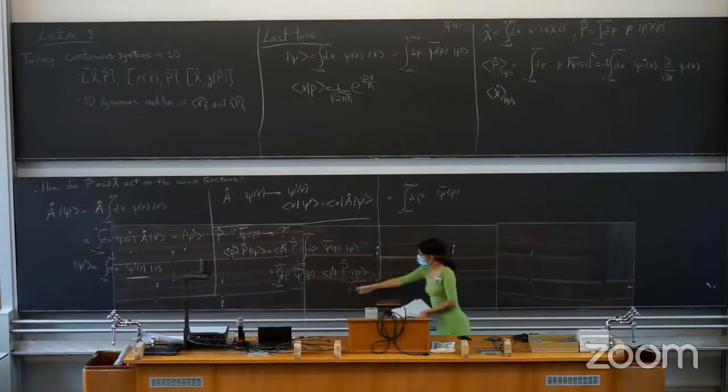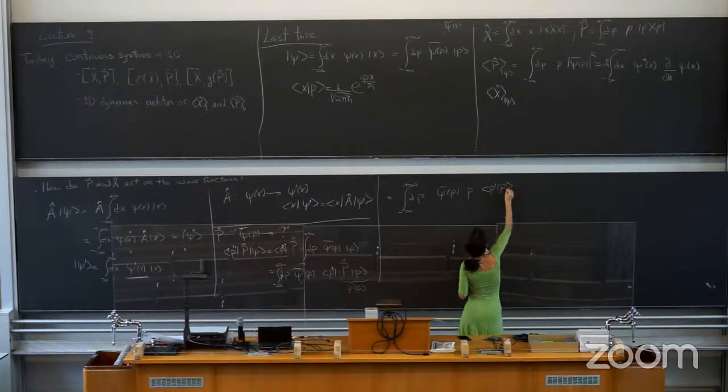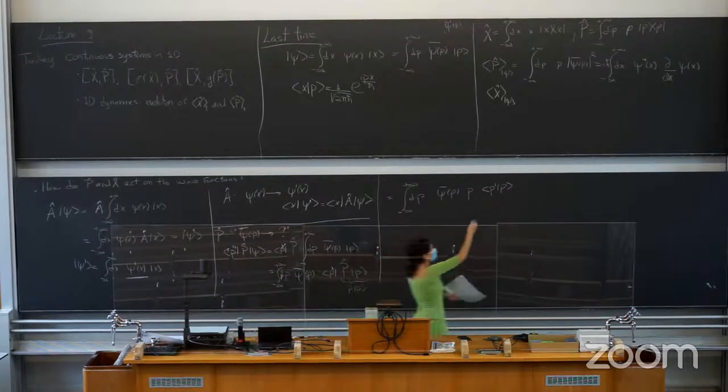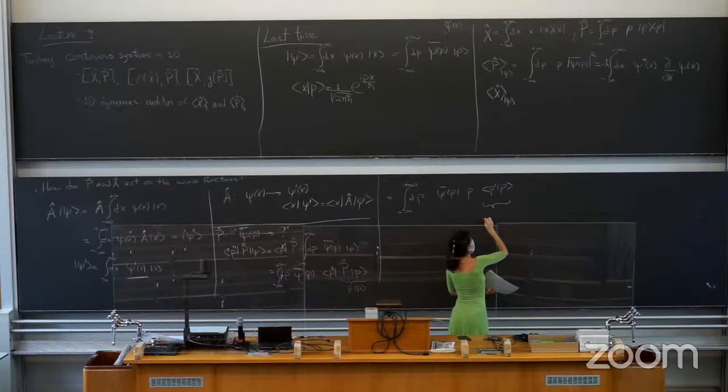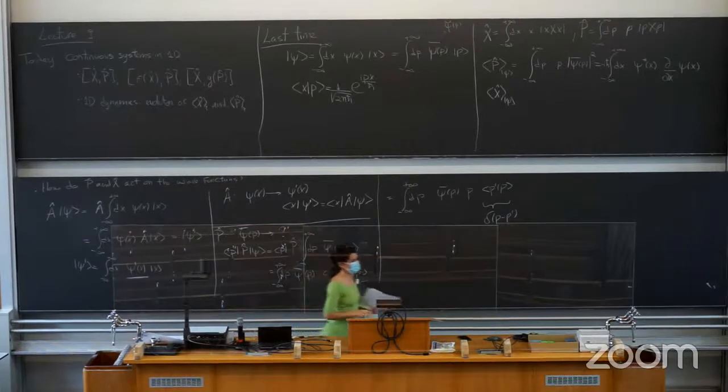And now we have here this, and like we said many lectures ago, this is a Dirac delta. And what is the definition of this function? Essentially it gets rid of the integral.